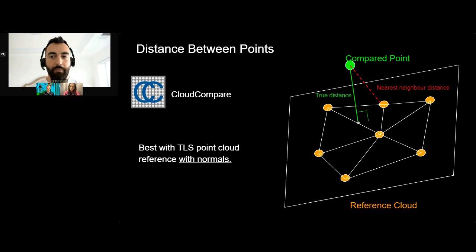And it's not just going to compare to the nearest neighbor, because that distance may be incorrect, but it is going to use some local modeling to essentially create a surface from that laser scan and measure the absolute distance between the compared point and the laser scan surface.